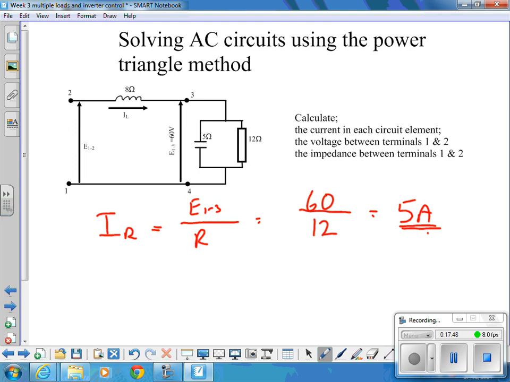Okay. What about IC? Tell me the values. It's E13 over XC, the capacitive reactance, which has been given in ohms.